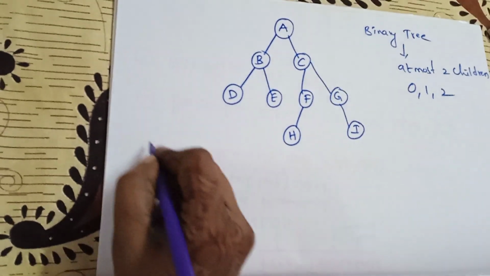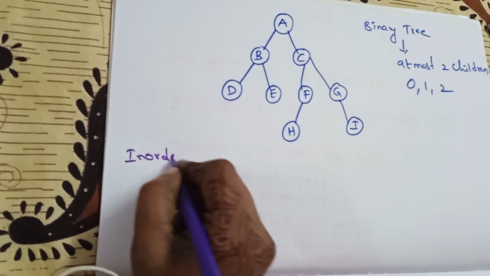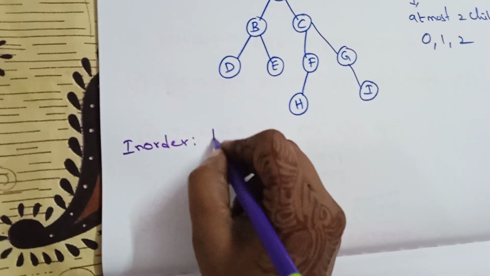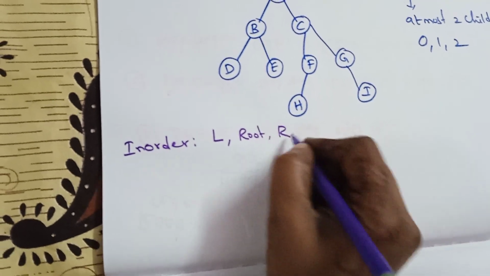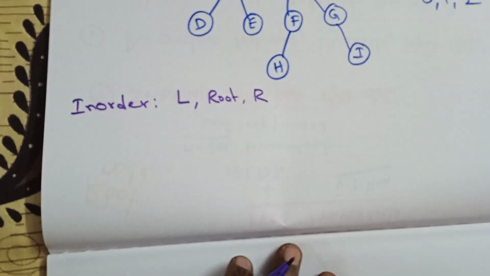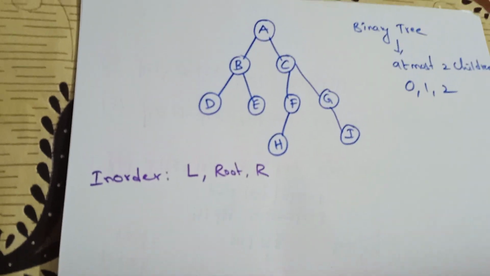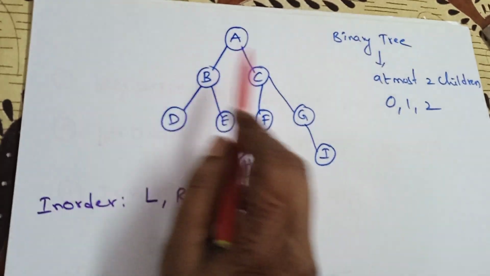We'll start first of all with in-order. What is in-order? Visiting of left node, root node, right node. Now, pay utmost attention. This is your tree, right?